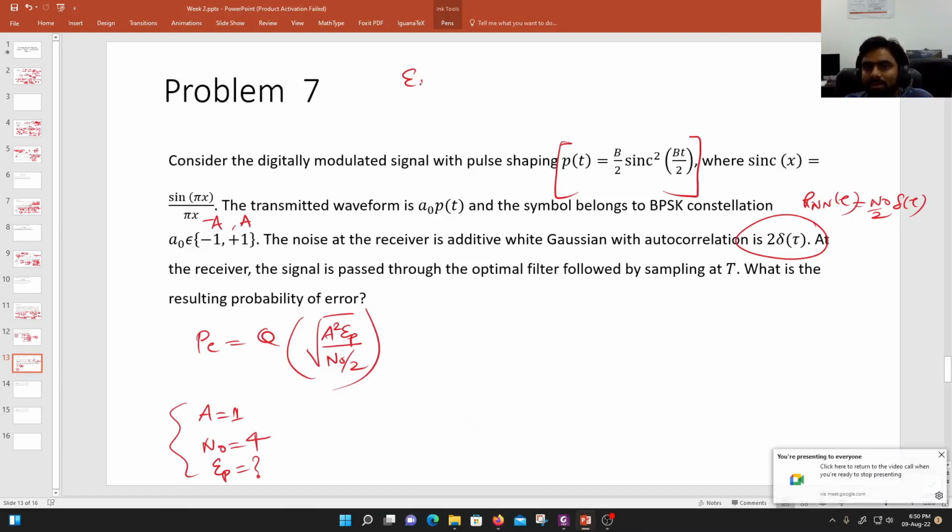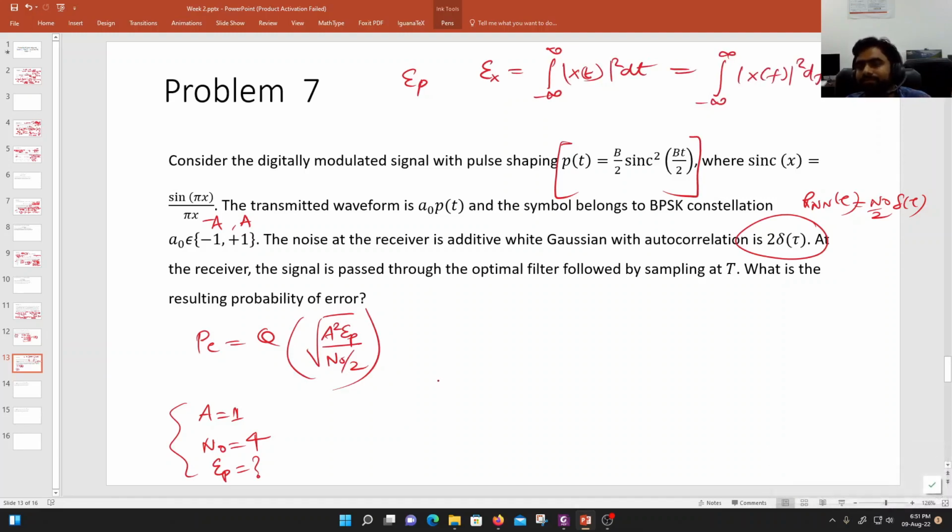So the energy of any signal x is given as the integral from minus infinity to infinity of mod x(t) square dt, which is equal to the integral from minus infinity to infinity of mod X(f) square df in the frequency domain. Energy in the time domain is equal to the energy in the frequency domain, by which theorem?